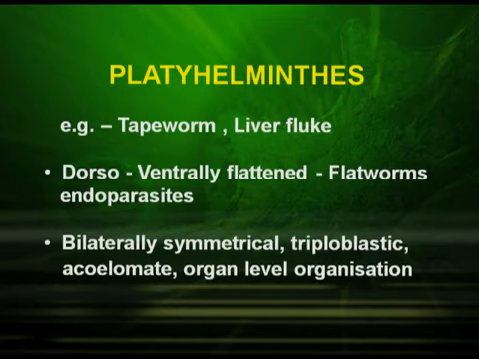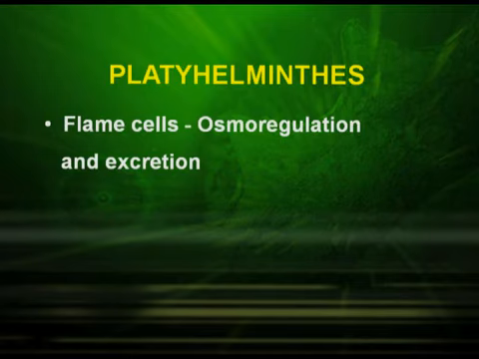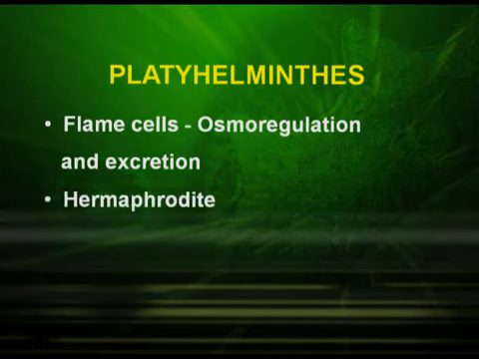They are bilaterally symmetrical and triploblastic organisms, that is, the presence of ectoderm, endoderm and mesoderm. They are acoelomate and have organ level of organization. They have flame cells which are meant for osmoregulation and excretion. They are hermaphrodite animals.